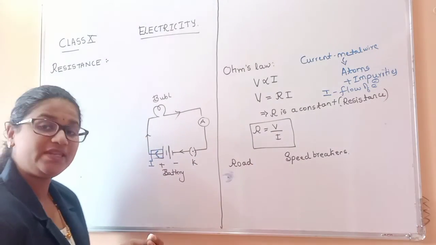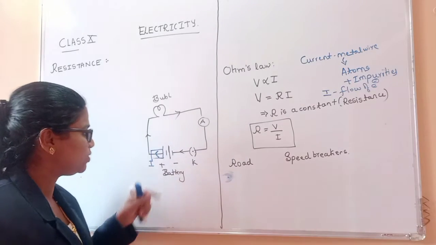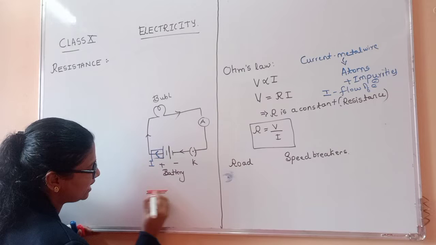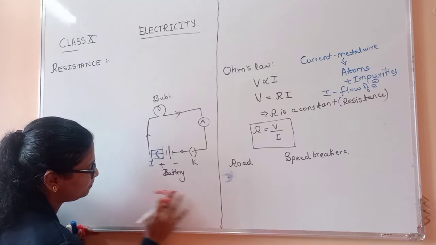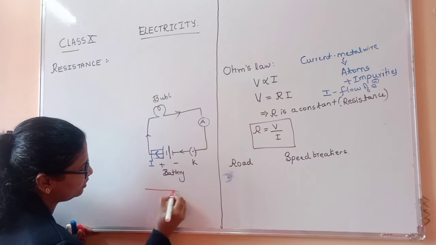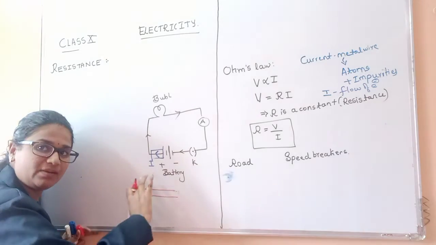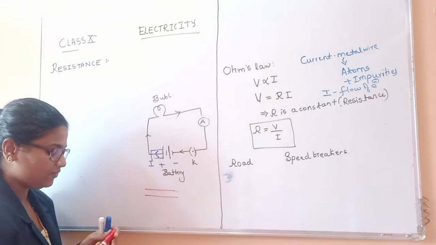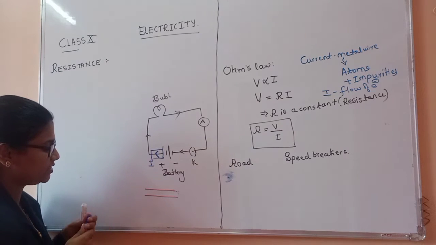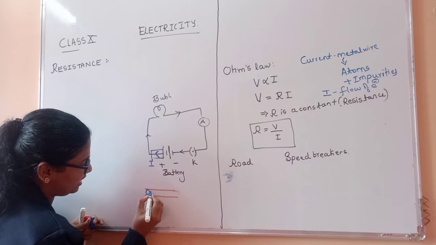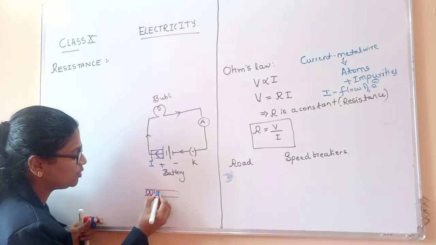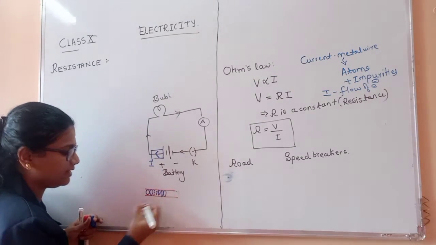Let me consider a metallic wire over here, in magnified form, and in the metallic wire we will be having the atoms and impurities. Small dots indicate impurities and these are the atoms.